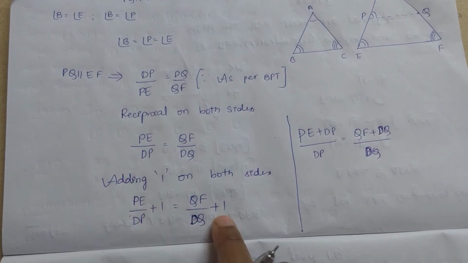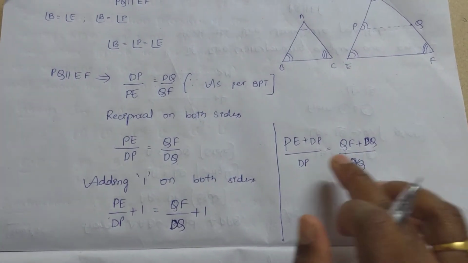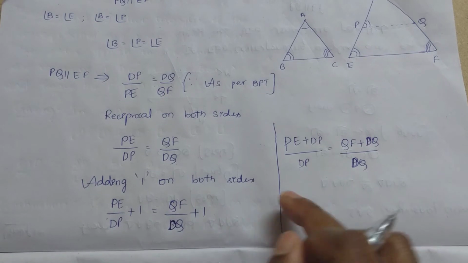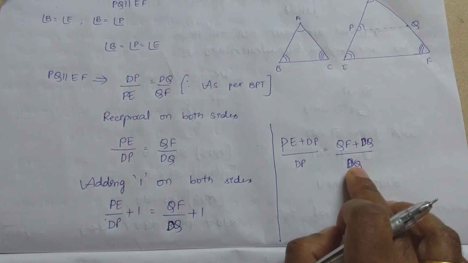After that I added 1 on both sides. So what do we get? PE plus DP by DP, QF plus DQ by DQ.